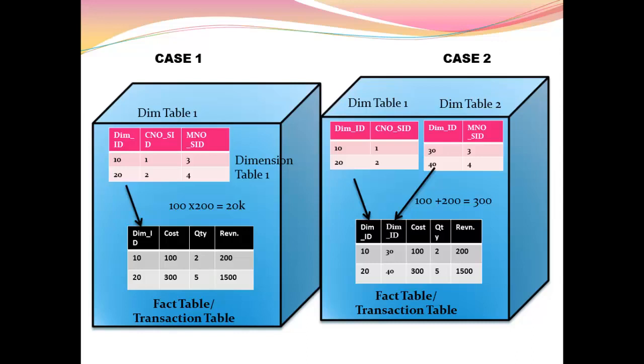But in the other case, since we have a separate dimension, the customer number will have all 100 customers, whereas the material number would have all 200 products. So we will simply add them and we get only 300 records. So clearly we can see that case 1 is bad in comparison with case 2.